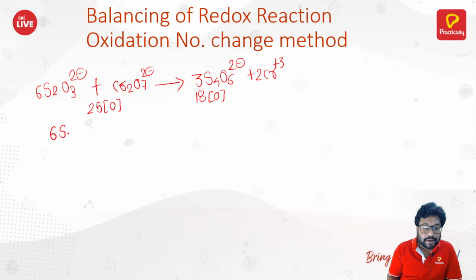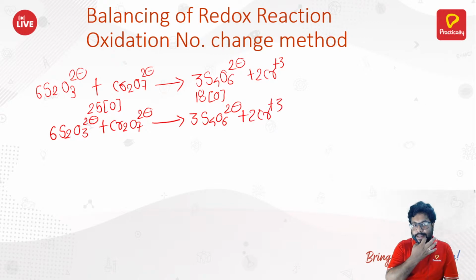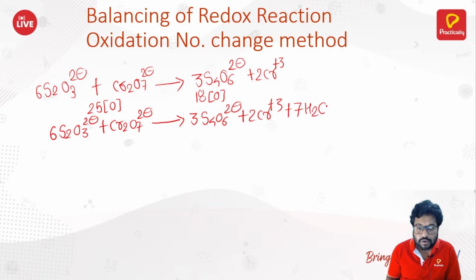Then what do you have? 6 S2O3 2- plus Cr2O7 2-, giving us 3 S4O6 2- plus 2 Cr 3+ plus 7 H2O. Now oxygen has got balanced.